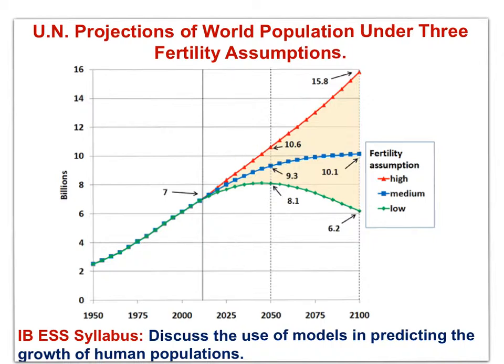But if the TFR is modest, then maybe the world will reach a carrying capacity of 10 billion. Now notice the phrase here, fertility assumption. The 3 curves are models based on hypothesized data. The 3 curves are quantitative and help us predict future growth, but the data on which the curves rest is hypothetical.